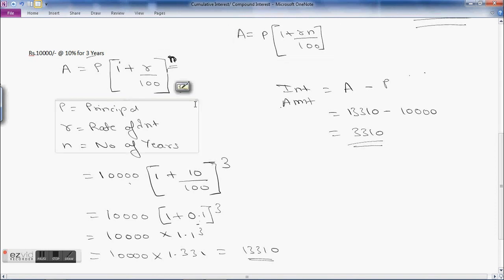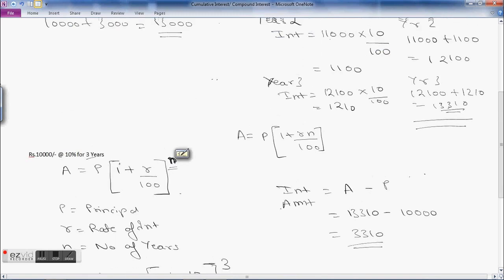Okay. Now we will see one example wherein the interest is not compounded annually. In all this, what was happening is interest is compounded annually. What does compounded annually mean? In this example, the interest on annual interest was earned, right?